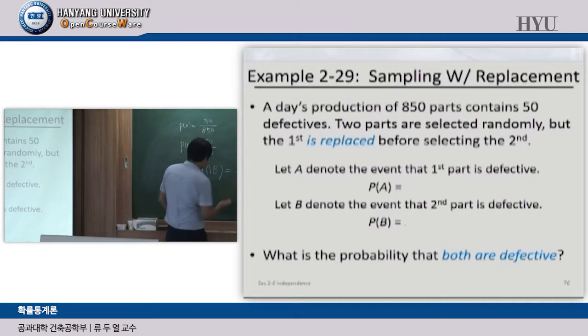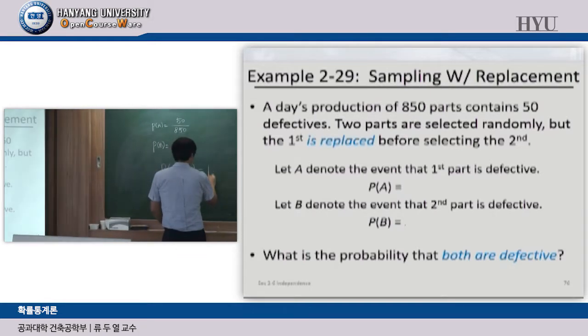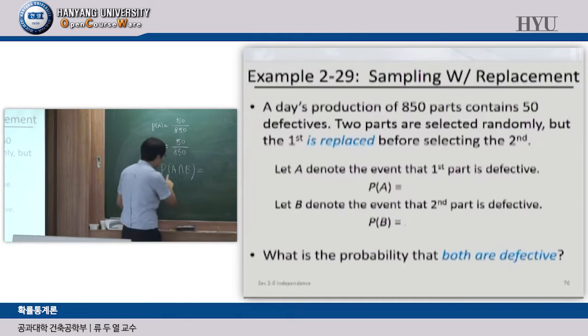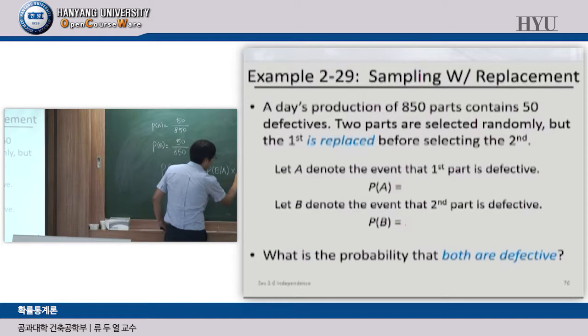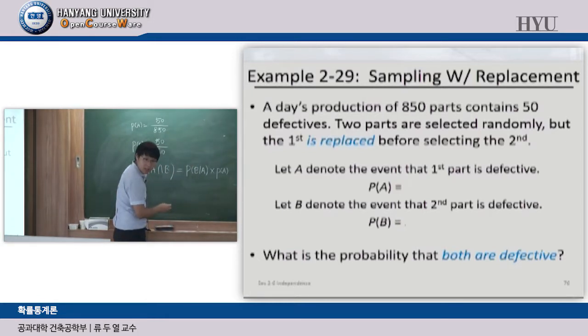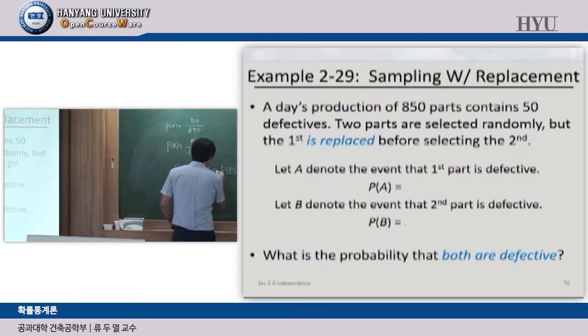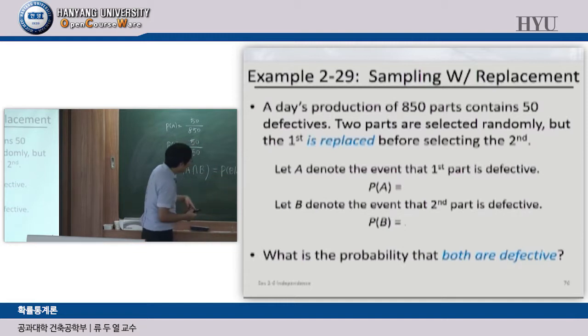So, as we already know, the probability of the intersection can be equal to the conditional probability of B given A multiplied by the probability of A, right? So in this case, what is the conditional probability of B given A? This is just the probability of B, right?